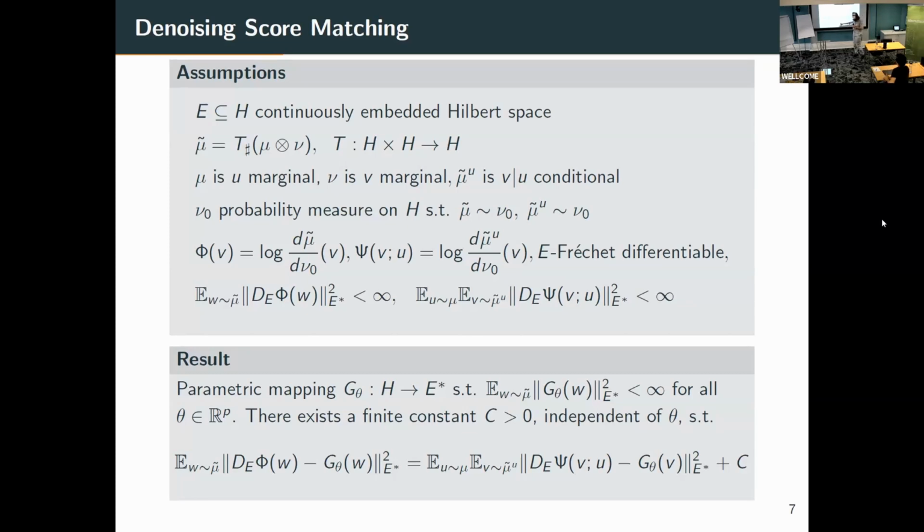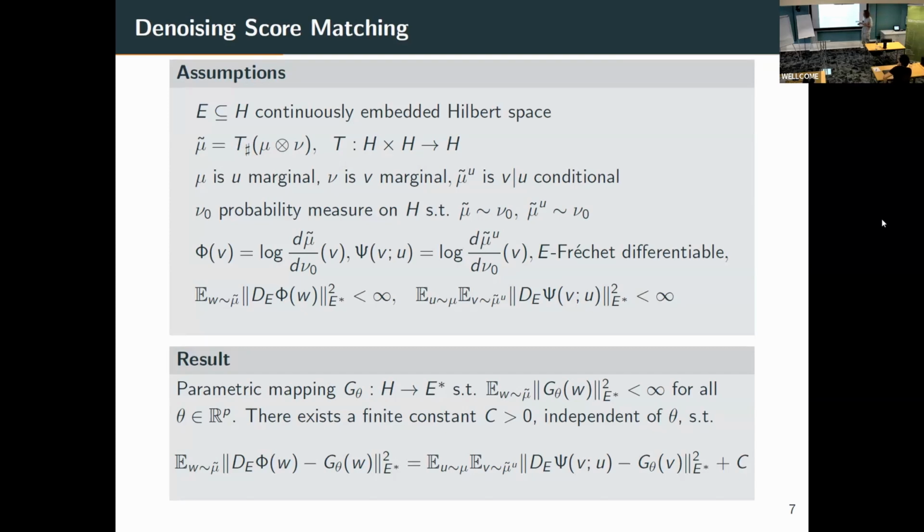G here is the score that I learn. D_E phi is simply the score. Of course, we don't actually know the score. We only have data samples, so we can never get at this directly. But what you can show is that that is equivalent to what will be the denoising score matching, which is this conditional. So you can get at this conditional here under basically almost no assumptions, so incredibly general assumptions.